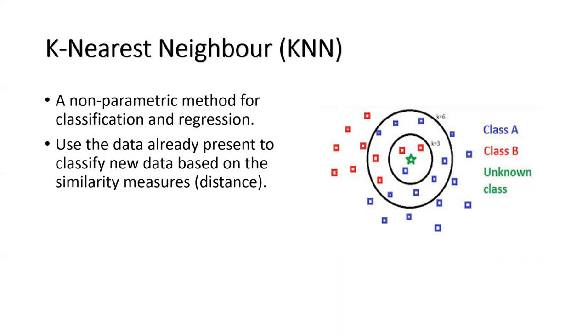That means the unknown data point might belong to class B, and if we extend the k value to 6, we get more points of class A, and so we can predict that the unknown point might belong to class A. We have to keep this k value as small as possible.